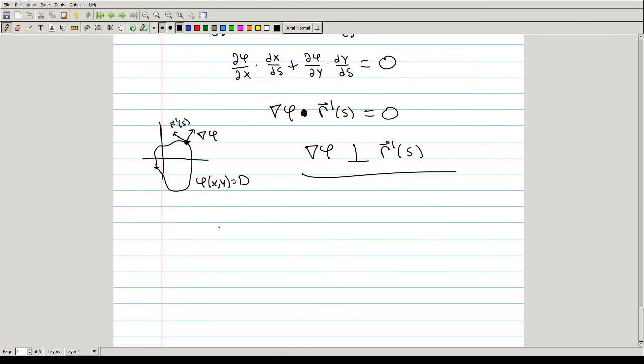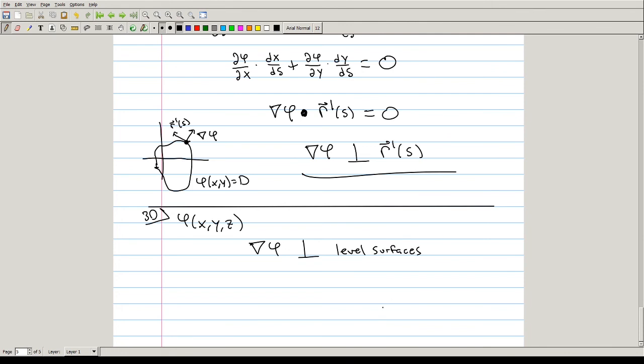It'd be useful for you to show this also in 3D, that if you have a function of three variables, x, y, and z, the gradient vector of the function phi is always perpendicular to the level surfaces of the function. So the idea would be that you consider a specific level surface at D and show that the gradient vector will always be perpendicular to the level surfaces of that function of three variables.